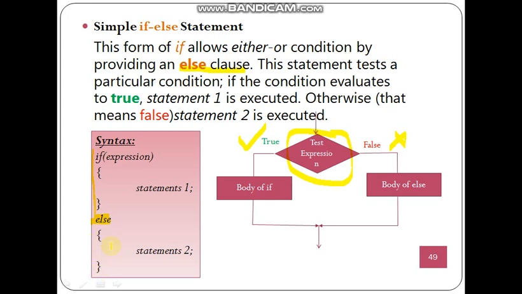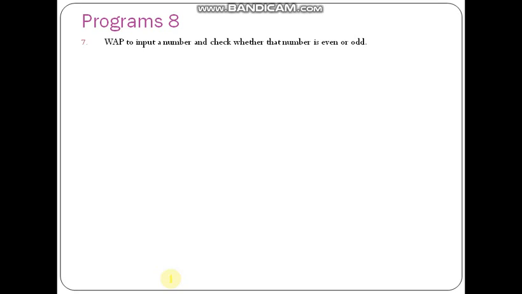The second statement will be executed only if the expression evaluates to false. Otherwise, if the expression is true, it evaluates the true part, and if the expression is false, it evaluates the false part. Now let's see an example program.